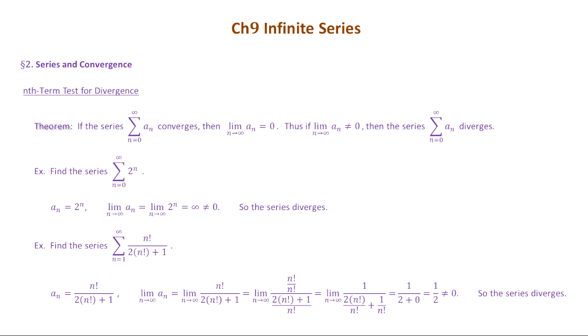So the denominator is just 2 plus 0, and you get 1 on the top. So at the end, the answer is 1/2. So again, that's not 0. So the limit of a_n itself is not 0, so the series diverges. Remember, for the series to converge, the limit of the terms has to be 0.